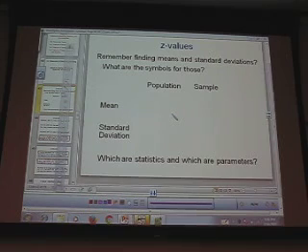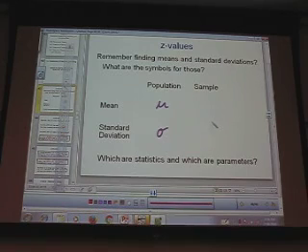Mu. And a population standard deviation is the other Greek letter. What's that one, guys? Sigma. Great.